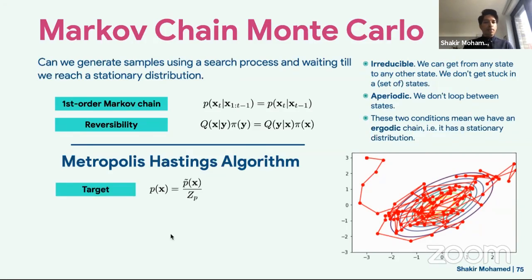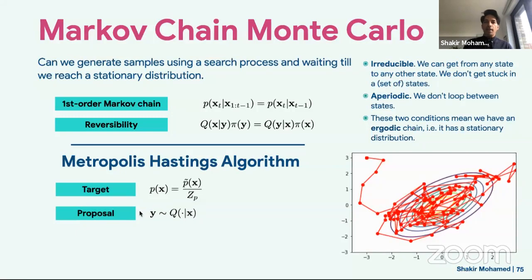So I'm going to be interested in a target distribution, P of x, and I'm going to use an unnormalized form here, which is going to be P of x tilde given ZP. And I'm going to introduce a proposal. So I'm going to sample proposal values y from some proposal distribution q.